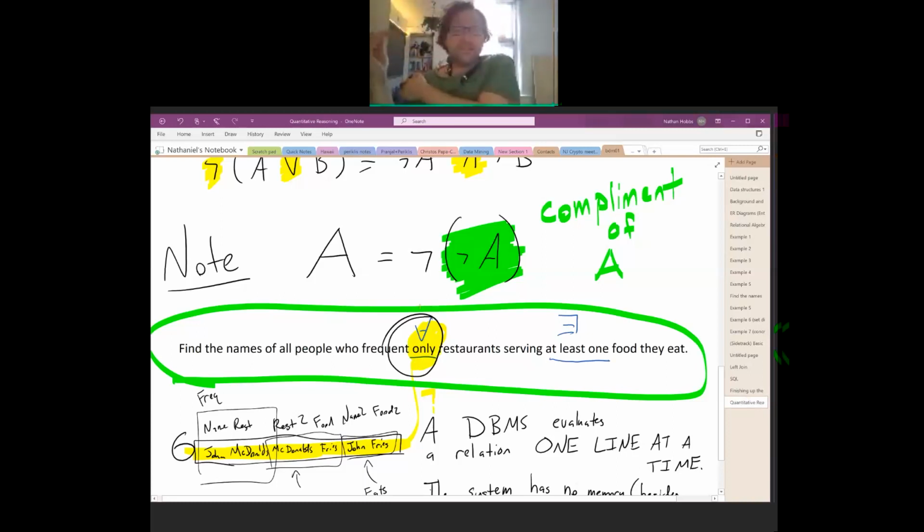So the way that this needs to be resolved is, instead of beginning with a for all, to begin with a there exists. Because looking at one line, you can say this exists or not. As soon as you find it one time, then you know that it exists and you're good.